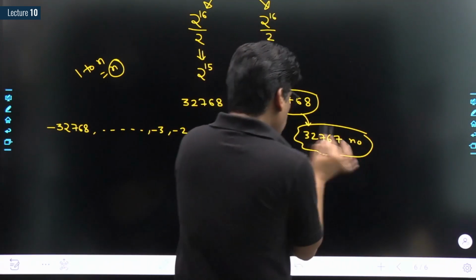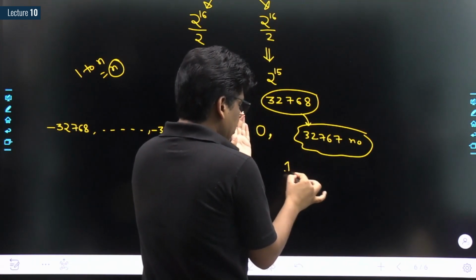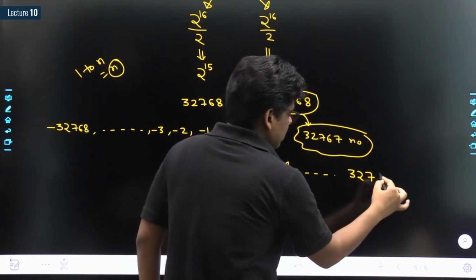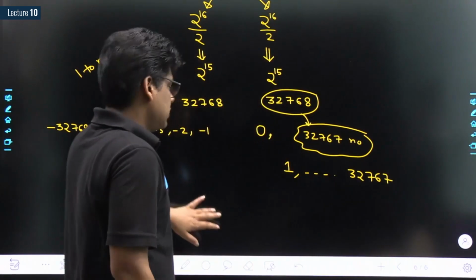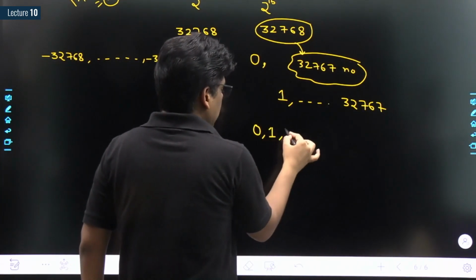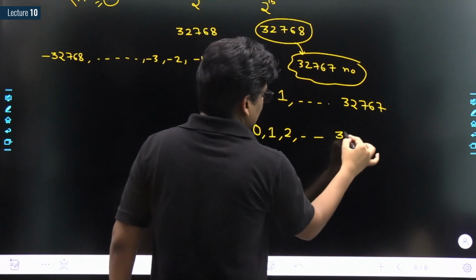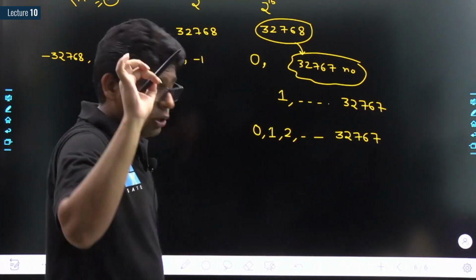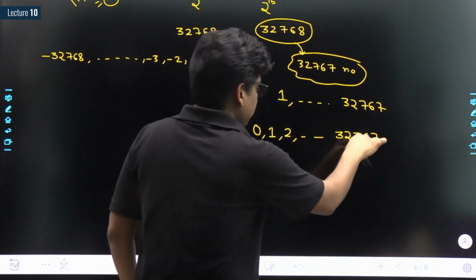Now if I start counting from 1, it goes till 32767. So what is the last positive number we can store? Is it 32768? No, it is 32767.